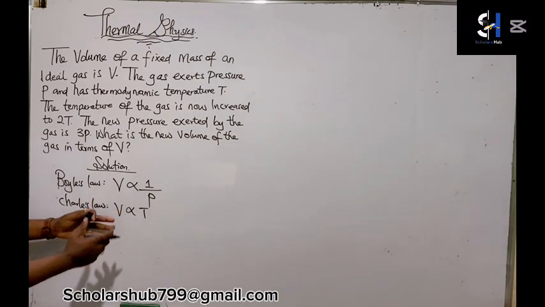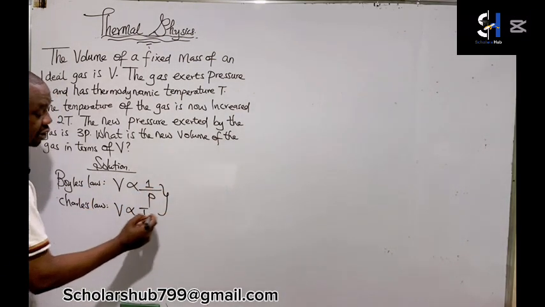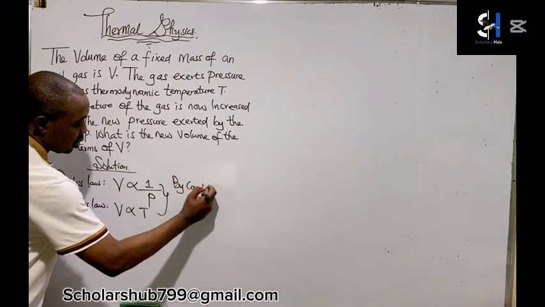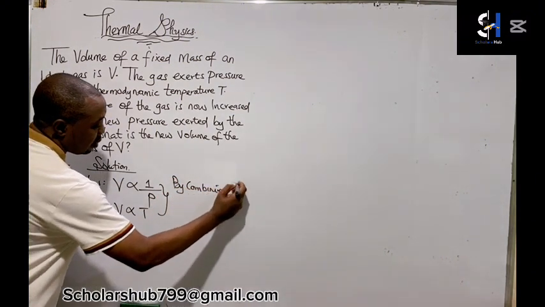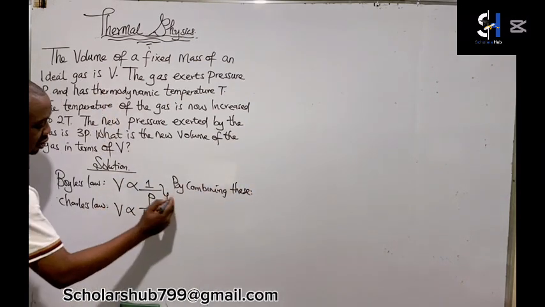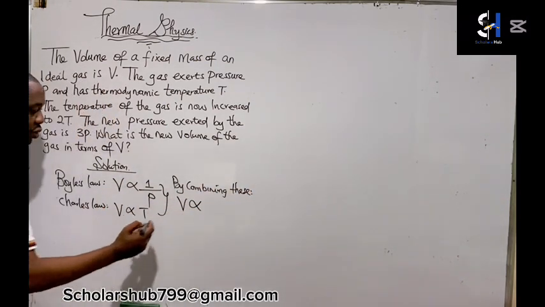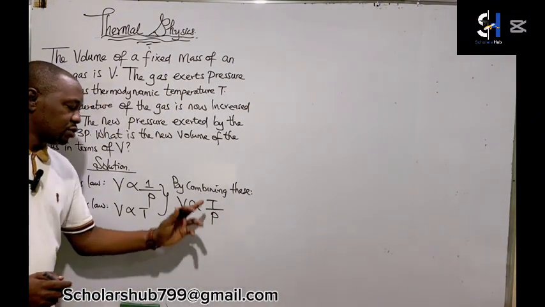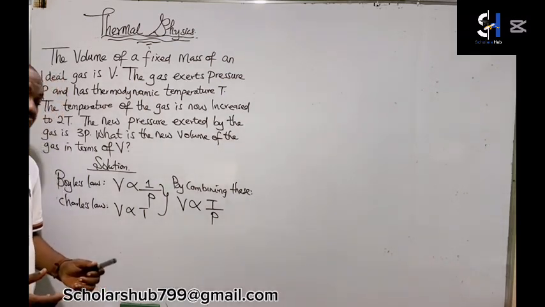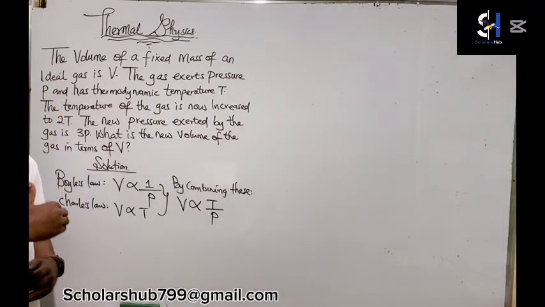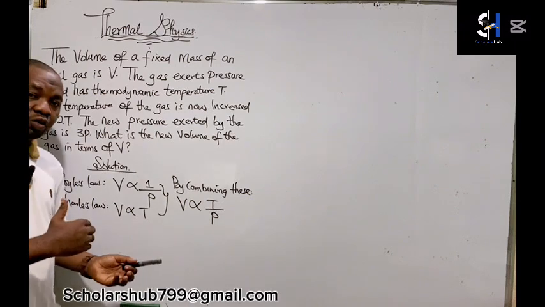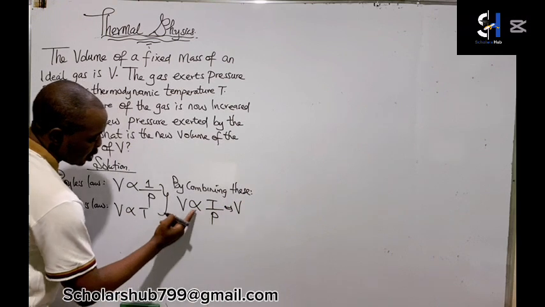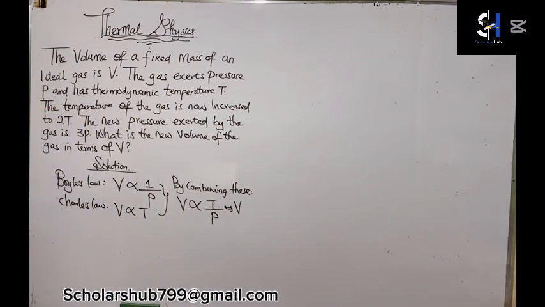When these two are combined using joint variation in mathematics, we have V proportional to T over P. Now, when we replace the proportionality sign with an equality sign, a constant will be inserted.